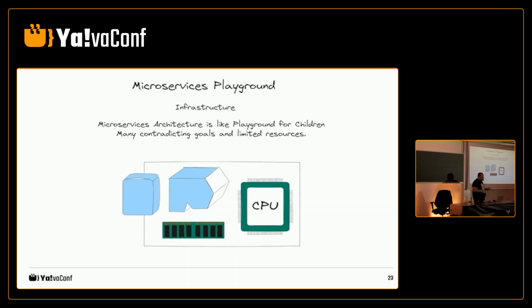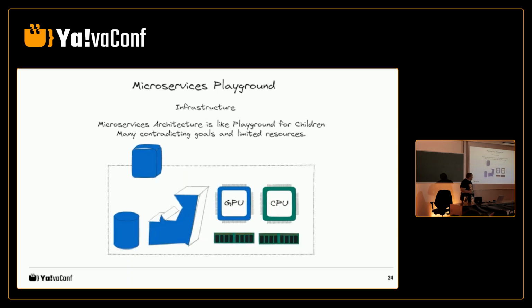What kind of things do I need to actually deliver something, yeah? Do I need this memory, this CPU? Do I need anything else? Maybe I need some GPU, right? So all these things, the children, us, developers and managers, they just want to play on this playground with the specific toys, right? So the infrastructure is immediately visible in the microservices, right?